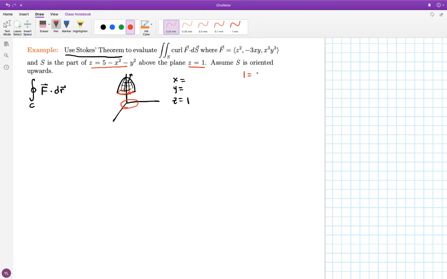So if you evaluate this, you're getting a circle of radius 2 in x and y. And we know how to have x and y traverse that circle. We do 2 cosine t and 2 sine t. And so if I just let t run from 0 to 2 pi, then this will be a parameterization of that curve.